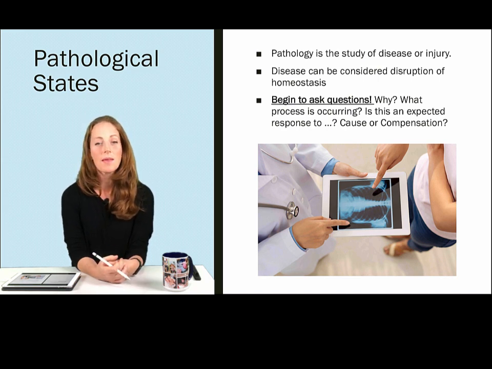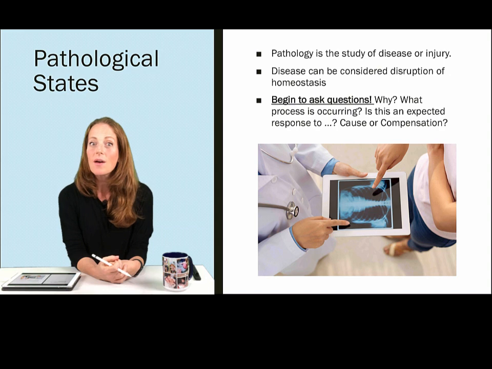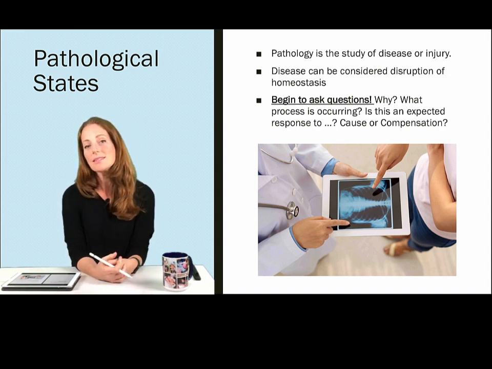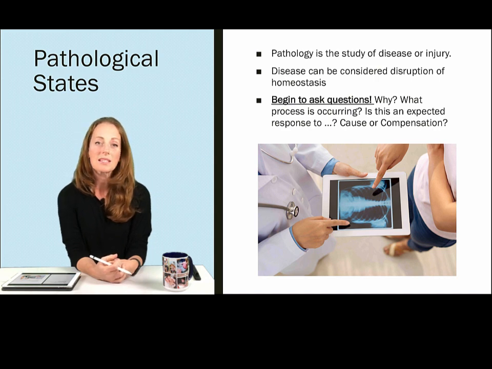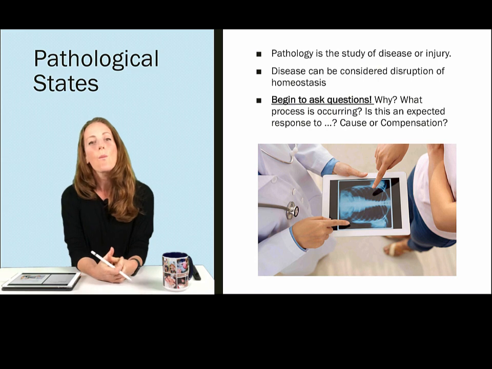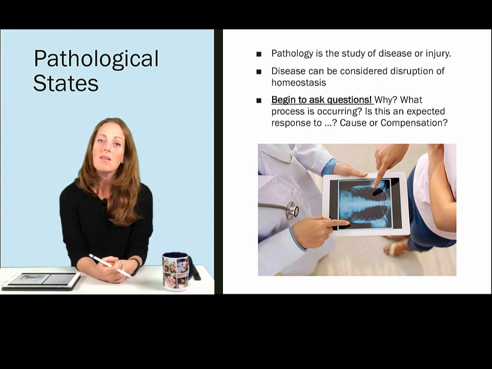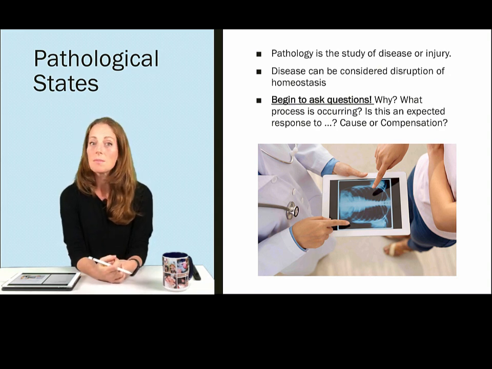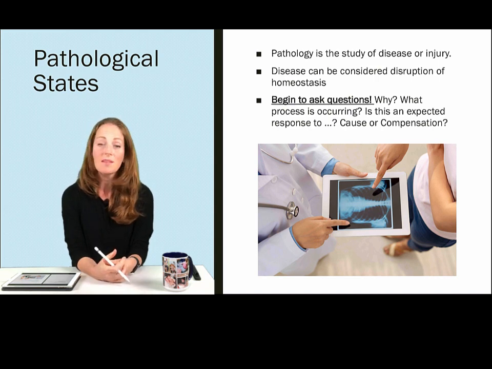If you see something in your patient lab values or something in your history and physical exam that is outside of the normal expected range for a particular patient, you want to start thinking, why might this be not within the normal range? What processes are occurring? What could possibly be happening to make this off balance? Is it a compensation because of some change somewhere else?